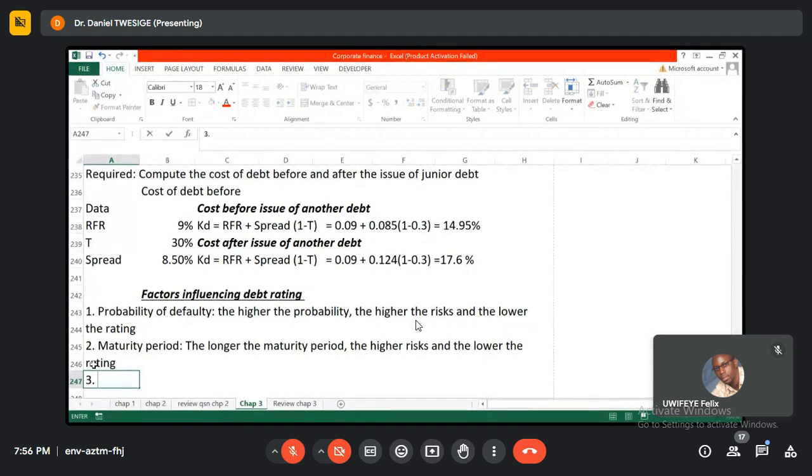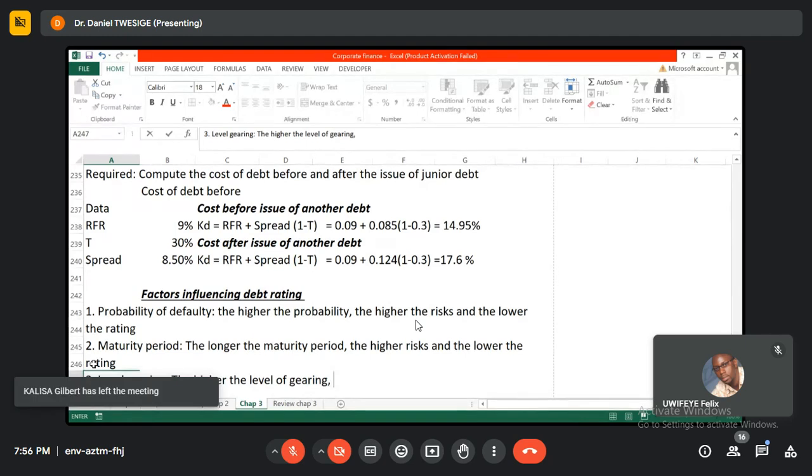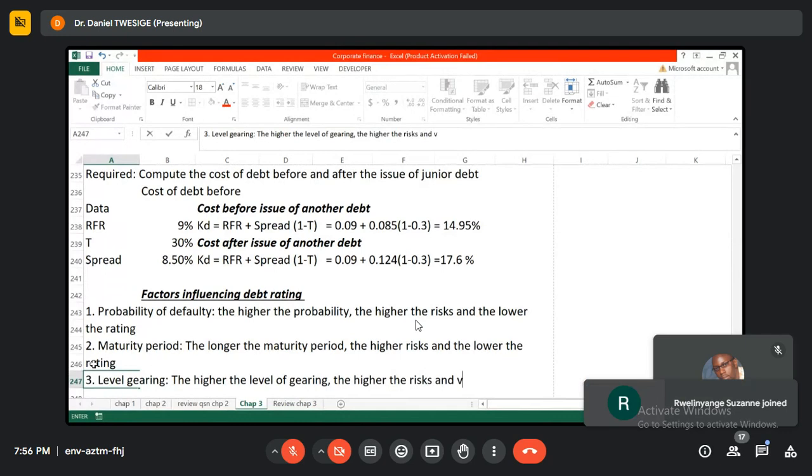Number 3, level of gearing. So if you have a high level of gearing, you are considered to be high risk. If the company has a very high level of gearing, the higher the level of gearing, the higher the risks, and vice versa.